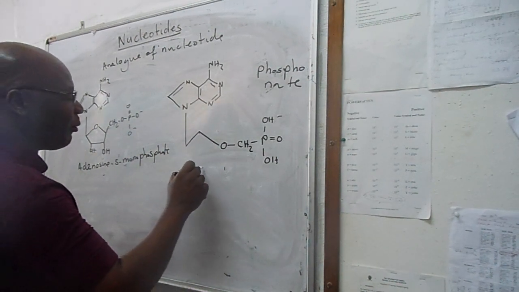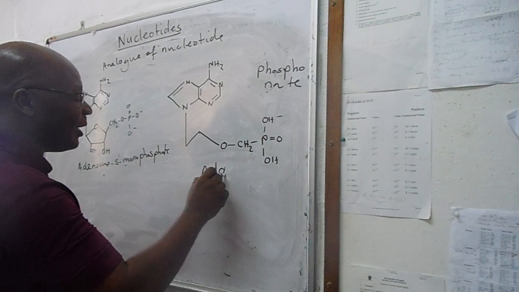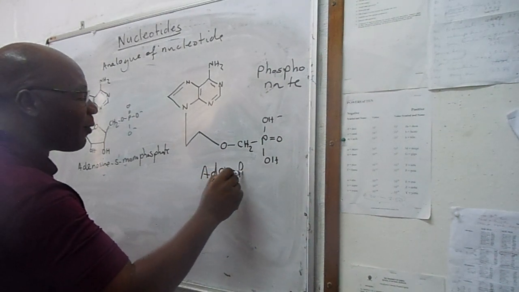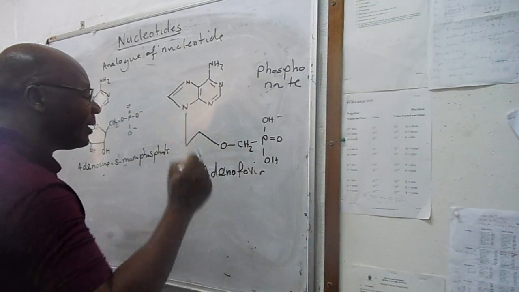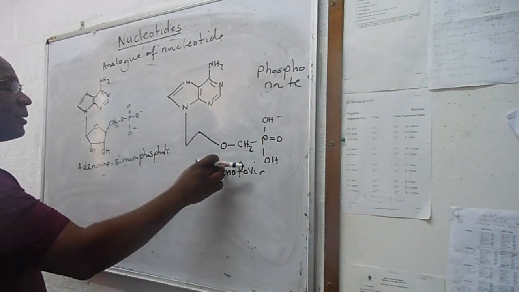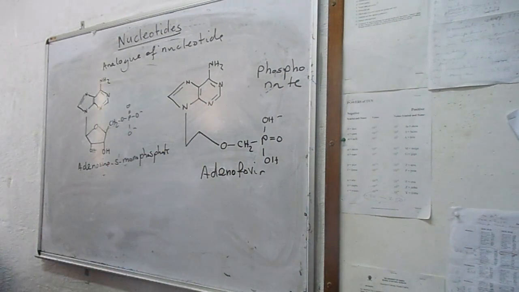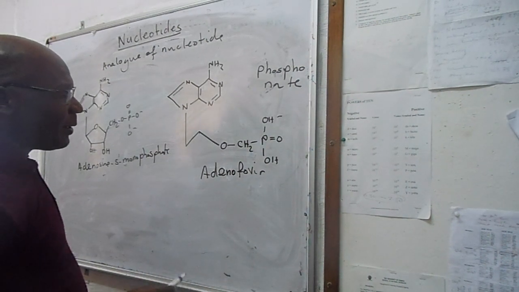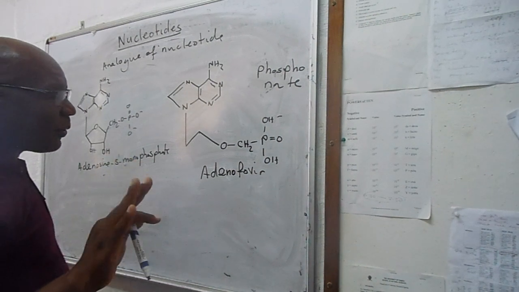So I form what is known as adefovir, which is an analog of a nucleotide. Does it have the three components?